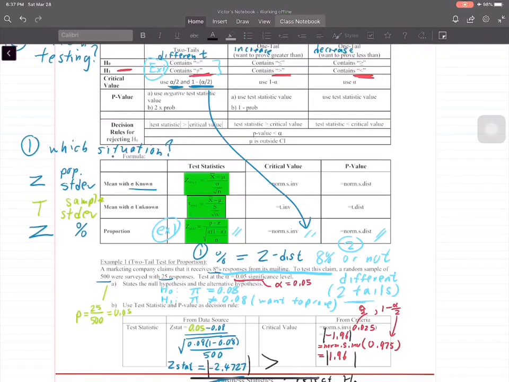Because we haven't proved anything yet, we have to assume that H null is true, so that's why we put that into the formula. Pi equals 8%, and n is your sample size, which is 500. Once we substitute all these values into the formula, we get negative 2.4727. So that's the first value that you need to calculate, the test statistic.